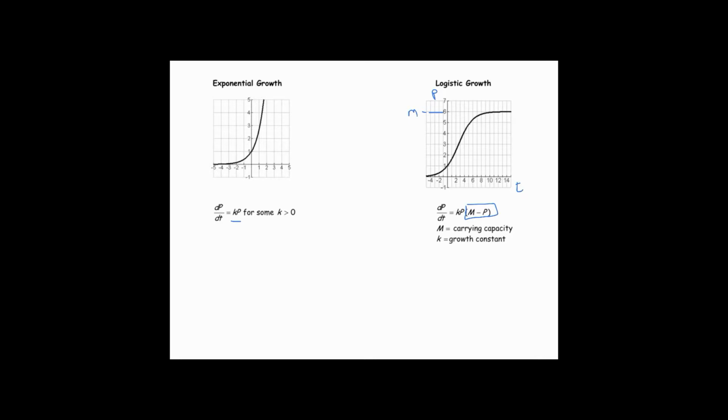That's the maximum level that a population could ever get to. As the population approaches the carrying capacity, we would want the derivative to approach zero. So you can see that as P approaches M, that term is going to go to zero, which is what's responsible for the flattening out of this curve.